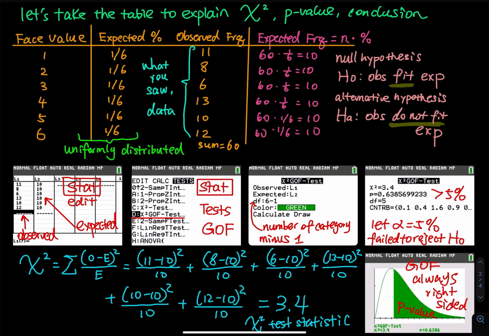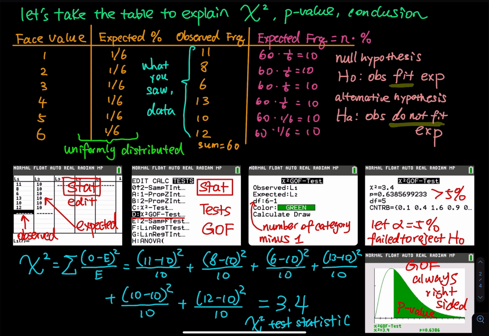And then the next step, we will go ahead and carry out the test. So the correct place to go is follow the screenshot. Do you see that it says hit STAT, and then you go to TESTS? So you hit the STAT key, hit the right arrow to go to TESTS, and then you go all the way down until you see chi-square GOF test. GOF means goodness of fit.